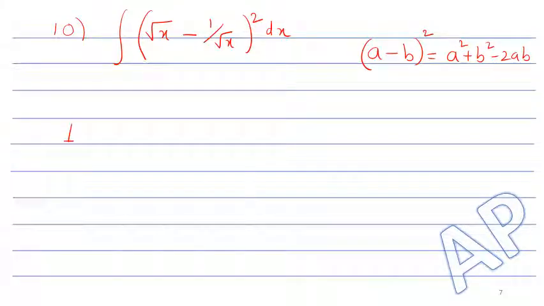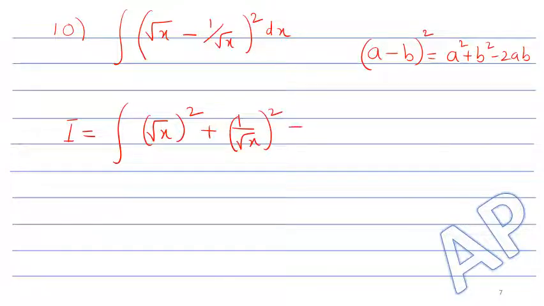Now I will consider this integral I, which is equal to root x whole square plus 1 by root x whole square minus 2 into root x into 1 by root x dx.